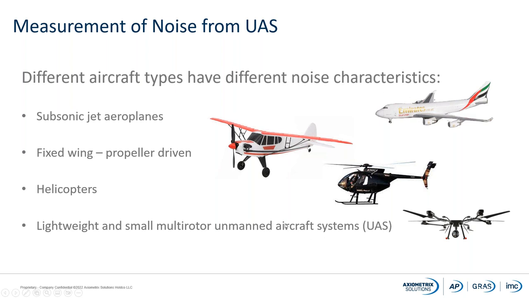These are the most common categories, and you will see that the legislation is connected to the different types of aircraft. The reason is that the noise from the different flying vehicles has different characteristics, and therefore they have different types of legislation.